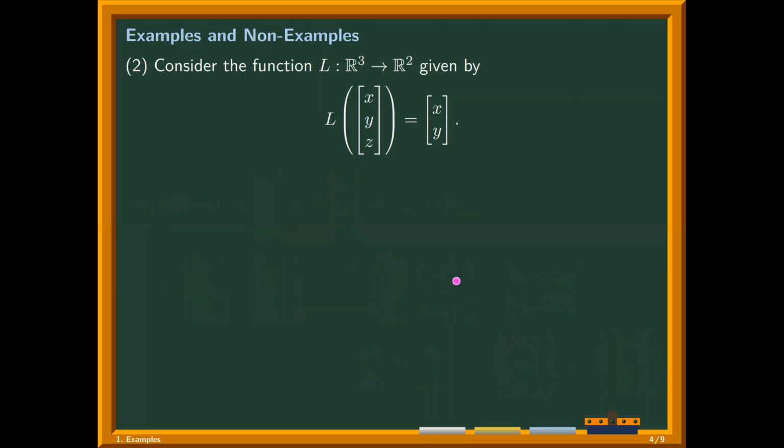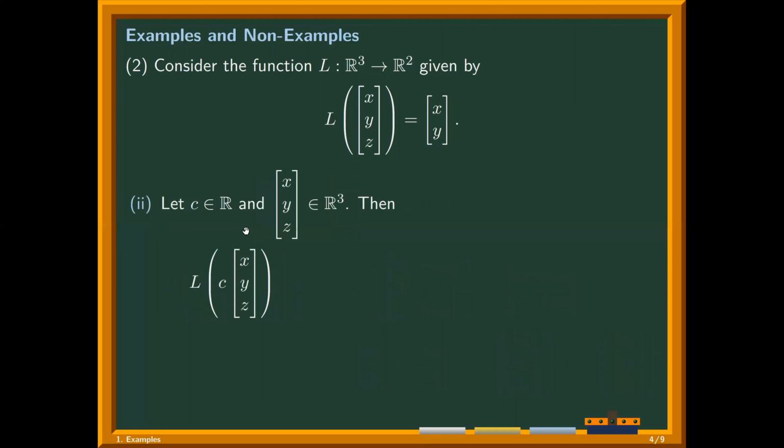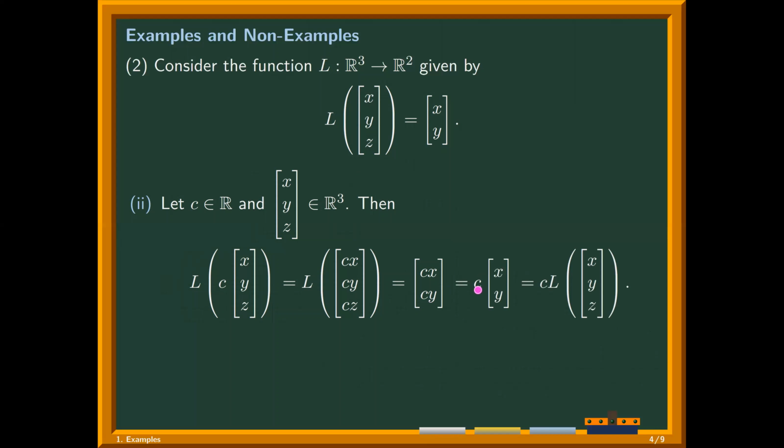So let's see if the second condition is satisfied as well. So consider a scalar c and an arbitrary vector in our domain. So L of c times x, y, z is equal to L of the vector with components cx, cy, cz. We simply performed scalar multiplication here. Then we apply the definition of L. L of cx, cy, cz, according to this definition, is the two vector with components cx and cy, which can be written as the scalar multiple of vector x, y by c.